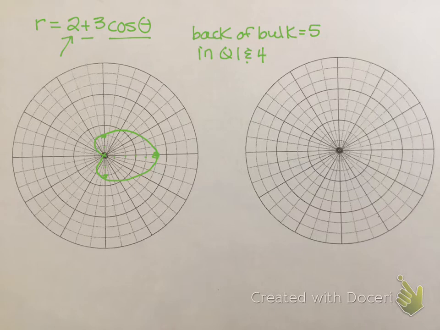Now, we have an inner loop. So, does my inner loop look like this, where it's teeny tiny, or does it look like this, where it's humongous? Let's figure out how to do that. My inner loop. I take my absolute values of my two numbers, but I subtract them.